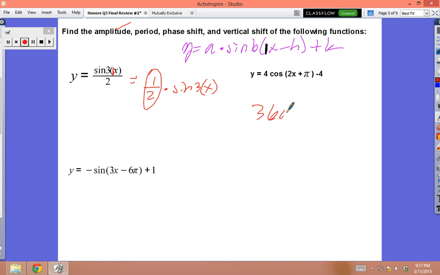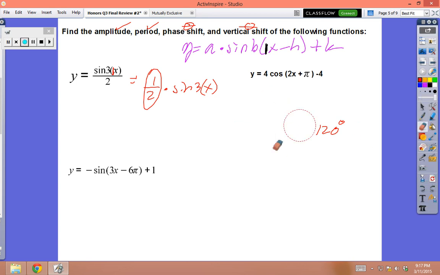My period is 360. I'm going to divide it by 3. And then my period now is 120 degrees. So it's going to start and cycle through and stop at 120. Check the phase shift. There is no addition or subtraction in the parentheses. There is none. And the vertical shift, there is no addition or subtraction. So there's none. And that's the first one.